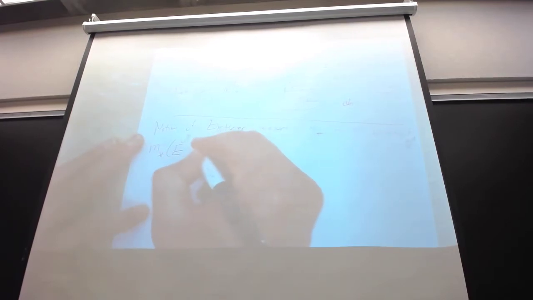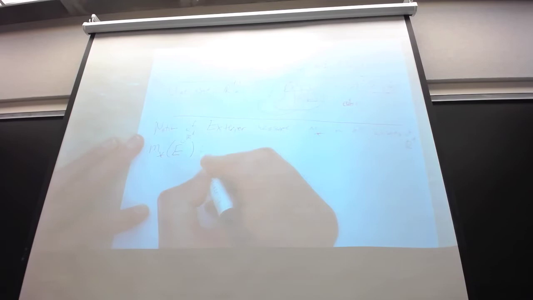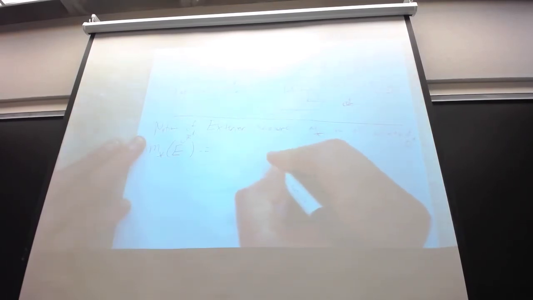Okay, so here's what we're going to do. Here's the exterior measure on any subset of R^d. It's defined as follows. You decompose E into almost disjoint cubes Q_j.